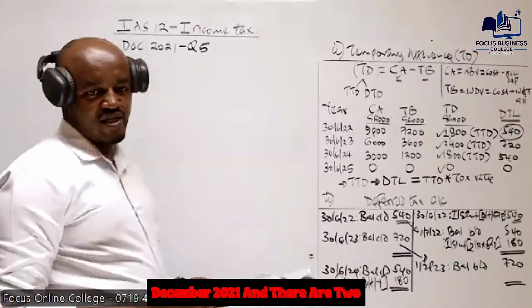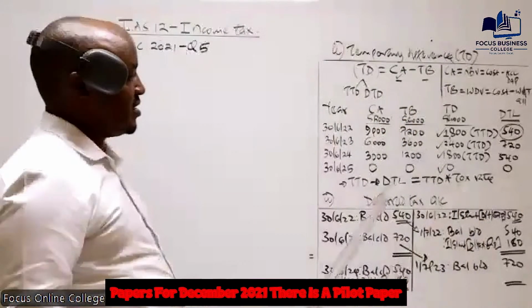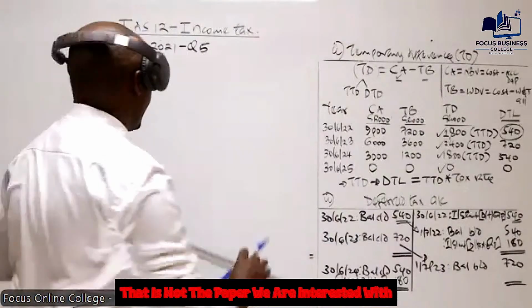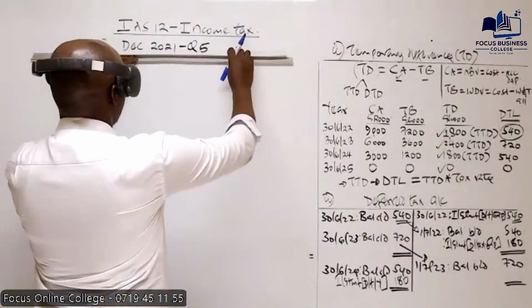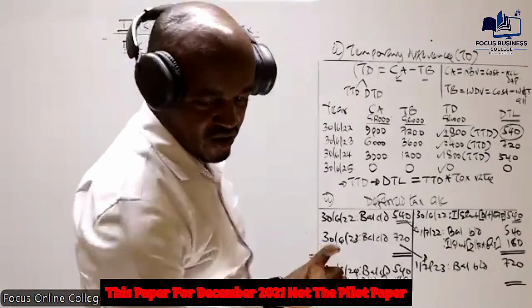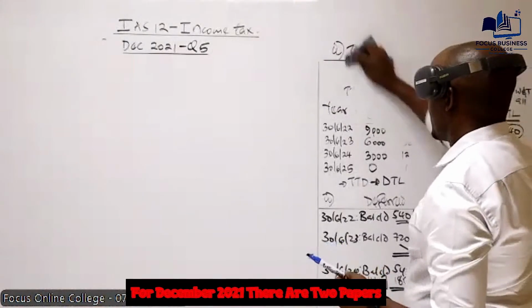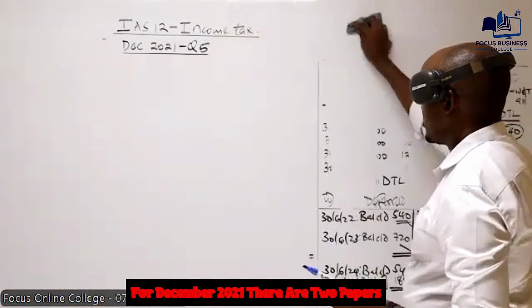There are 2 papers for December 2021. There is a pilot paper. That is not the paper we're interested in, but we're interested in this other paper for December 2021, not the pilot paper. Where it is written pilot paper, check for the other paper.